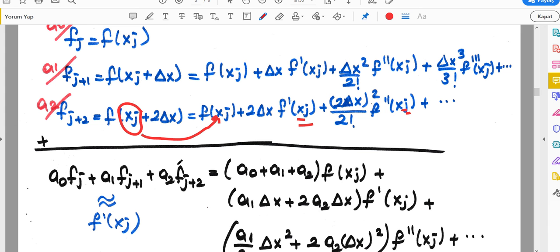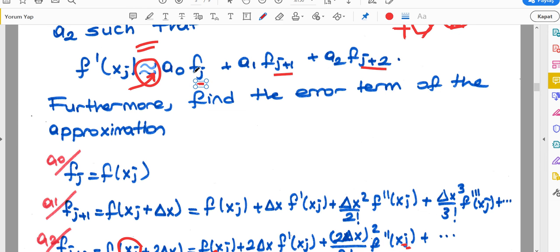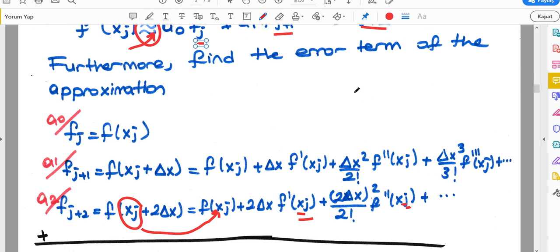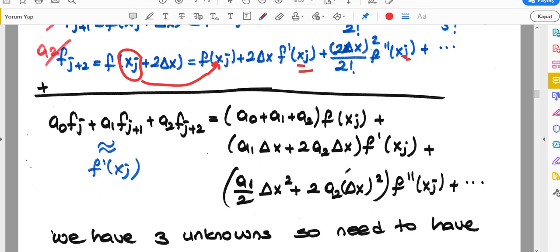The other thing here is, how many parameters do we have? 1, 2, 3 unknowns. They are mainly for us to observe the difference scheme to approximate the first derivative. Instead of the derivative, I'm using the scheme. So I have 3 parameters.